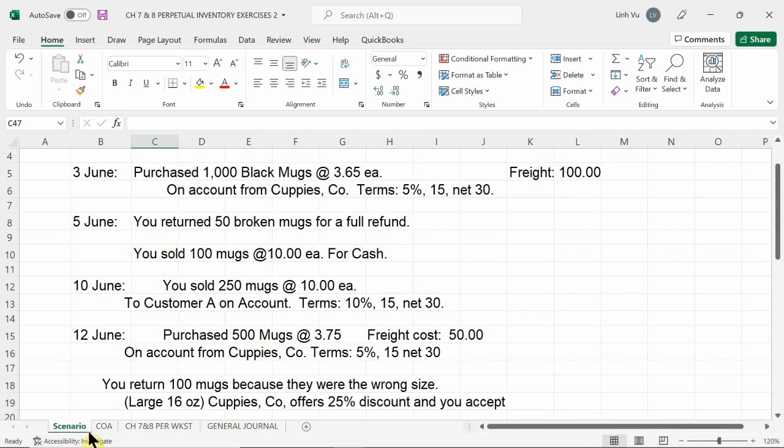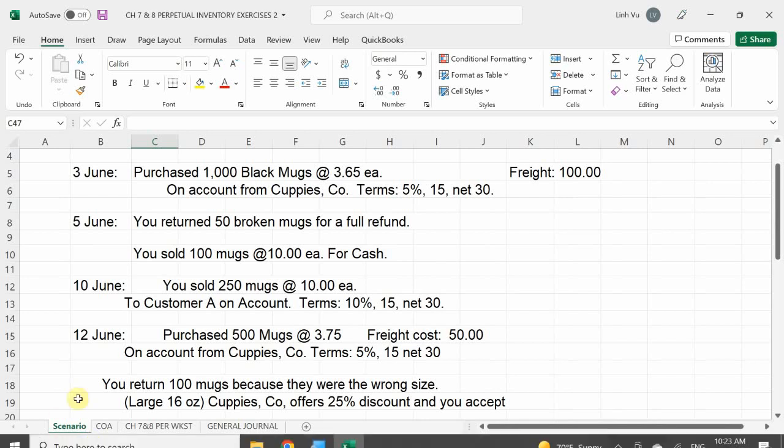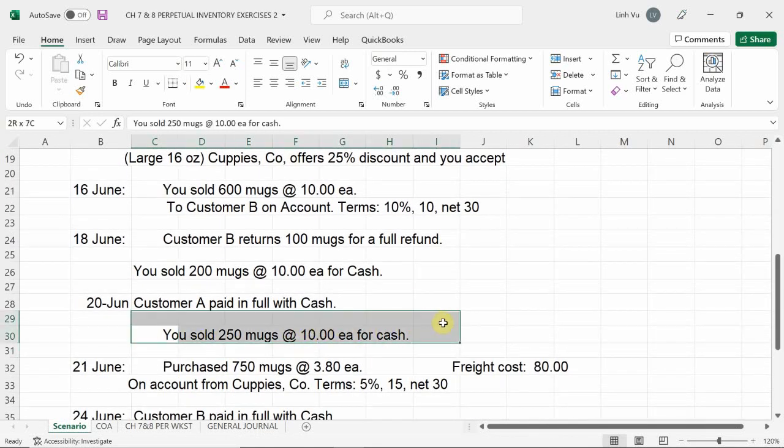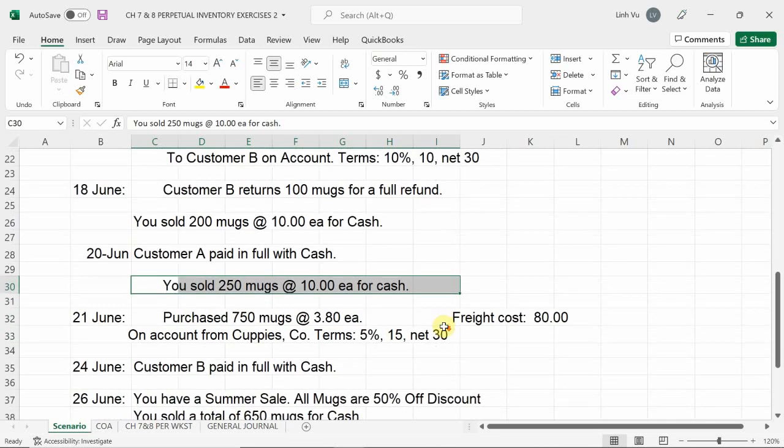That very same day, on the 20th, we also sold an additional 250 mugs for $10 each for cash. So this is additional.